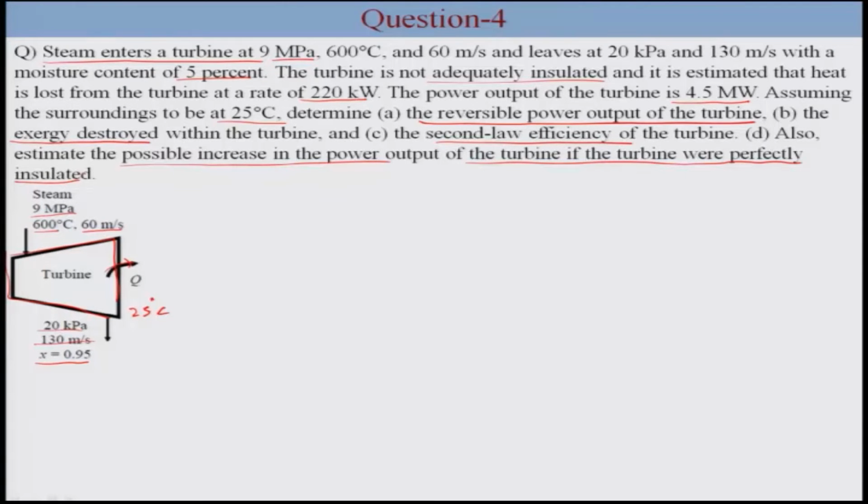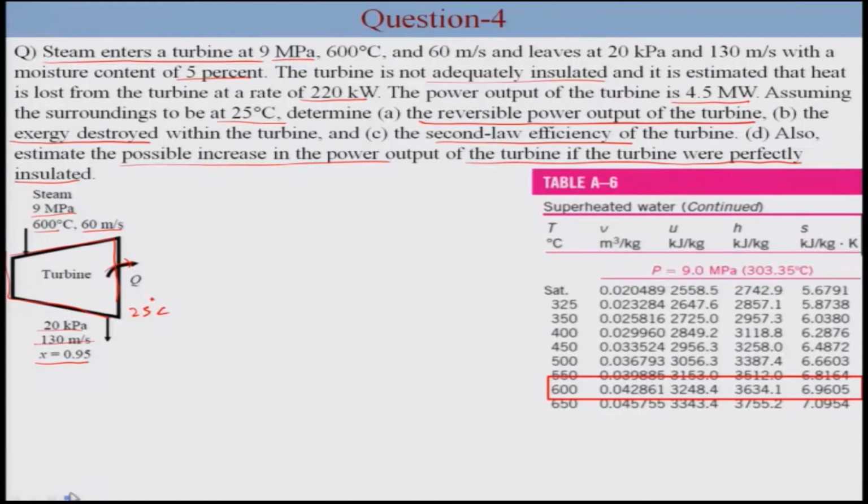So moving step by step, we find the properties of the steam at the inlet and exit state. At 9 megapascal and 600 degrees Celsius, as this is superheated steam, from the superheated water table at 600 degrees Celsius, we know specific volume, internal energy, enthalpy and entropy.